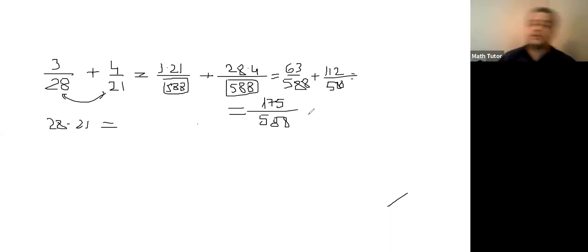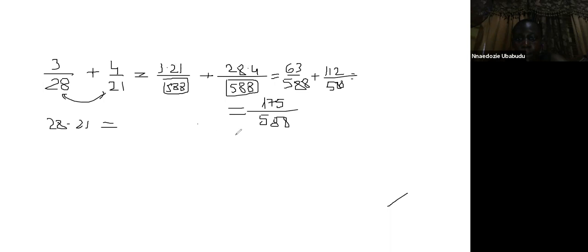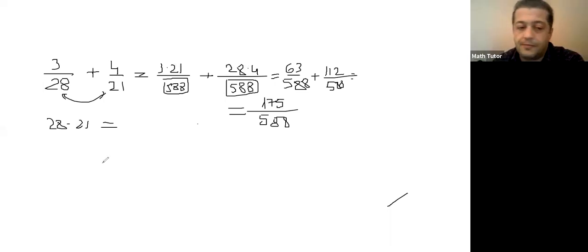So the best thing is to find a common denominator, but not the product of these two numbers, because the product is very large. If possible, find a much smaller common denominator and write it here, and the operation will be shorter. Do you understand? Yes, sir.